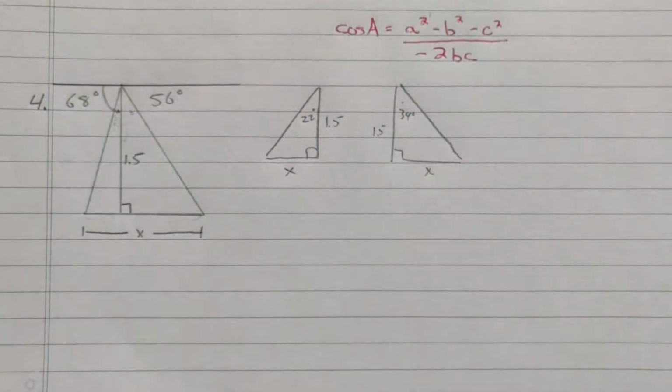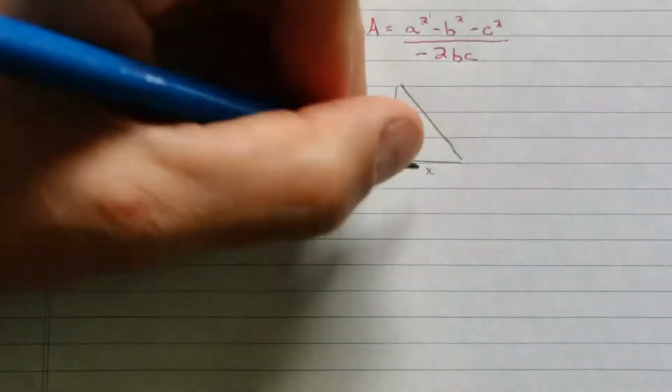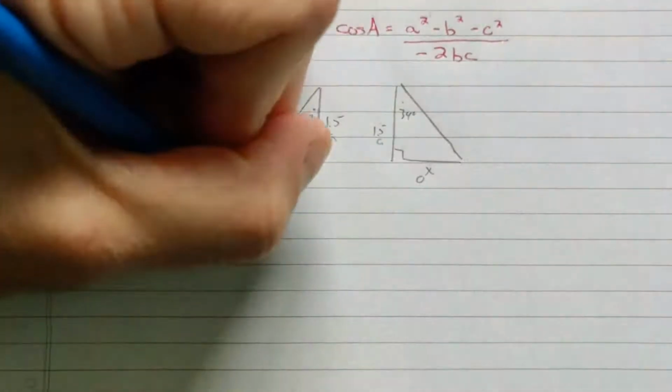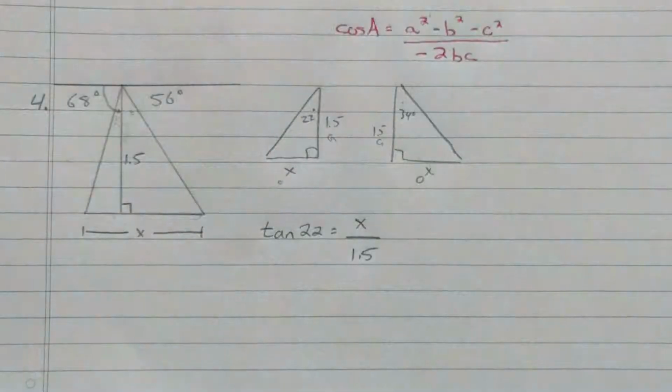So I have 2 triangles. If I label them, this is the opposite side, this is the adjacent side, this is the opposite side and adjacent side. I'm just going to use the tan formula twice. So I'm going to have tan of 22 equals the opposite over the adjacent. And then the other one's going to be tan 34 equals the opposite over the adjacent.